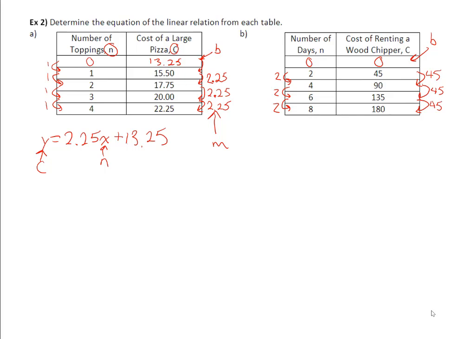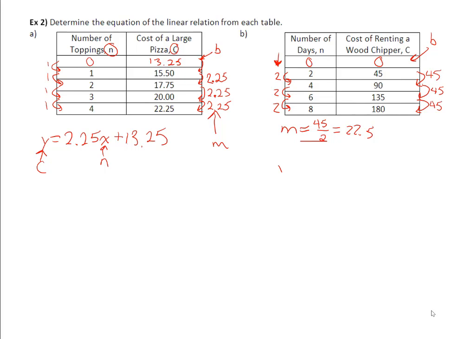Well, we have to be careful. Our m isn't 45. It may seem like that, but because we're increasing by 2 each time, like over here, you see how we're increasing by 2? We actually need to divide by how much we're running, right? Because you have rise over run. If we run 2 and rise 45, it's actually 45 over 2, which you could reduce down to 22.5.